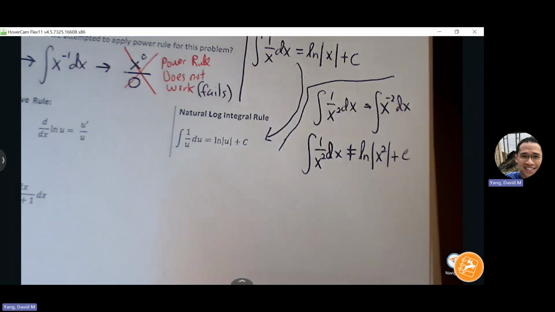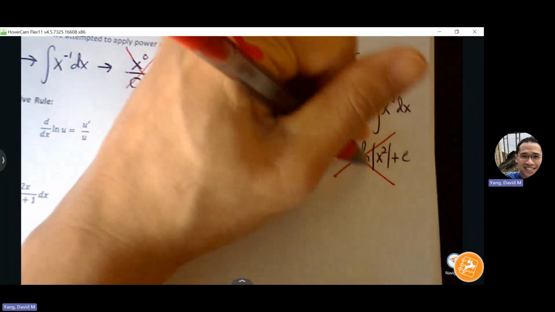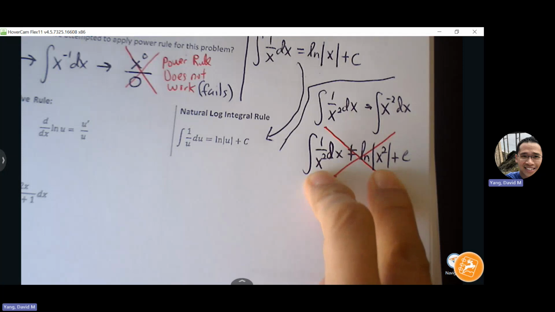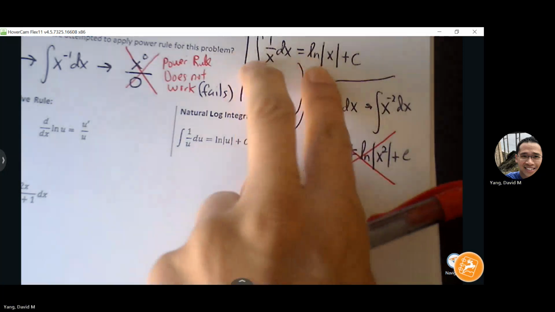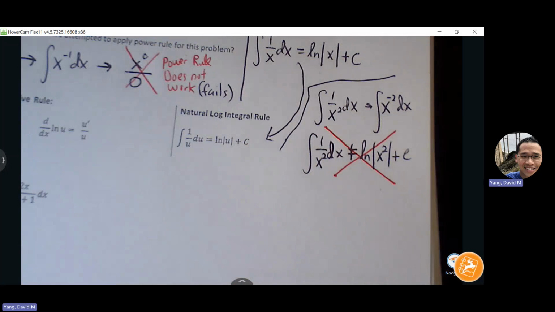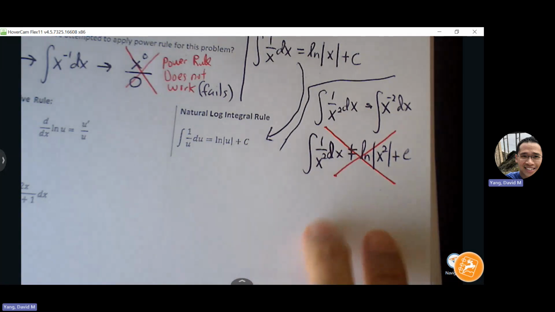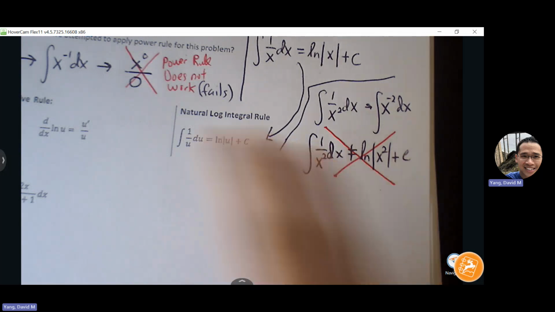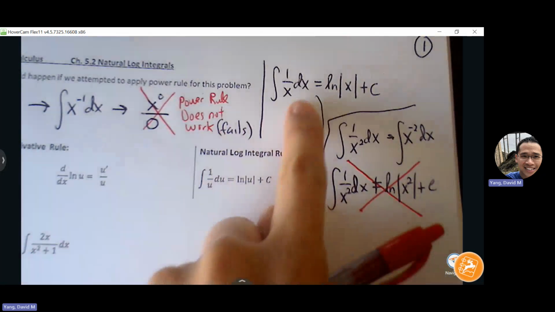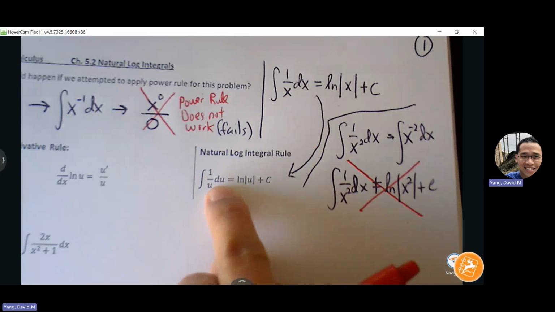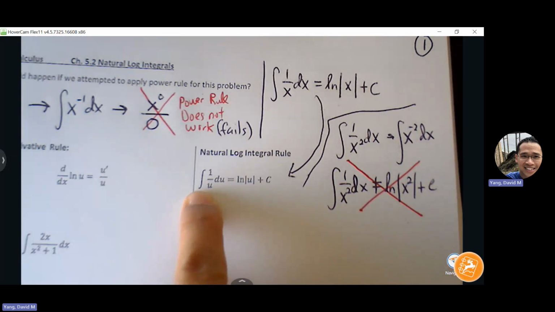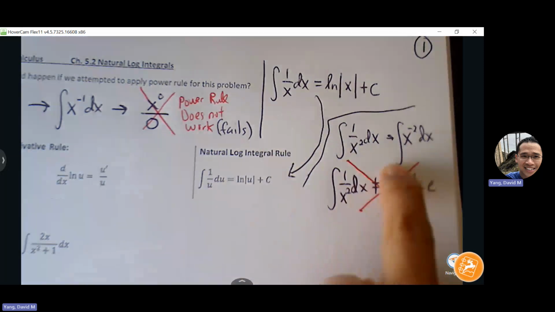So I just want to give you a word of warning that we may get so used to this pattern, because we're spending quite a bit of time on it, that we may assume that any variable in the denominator is going to be natural log, which is not the case. Just remember that if it's x to the first power or u to the first power in the denominator, that's the only case we use natural log. If it's any other power in the denominator, we bring it up and we go through power rule.